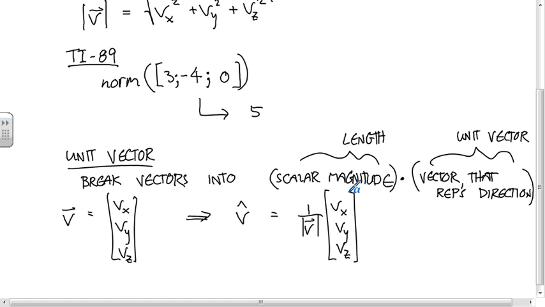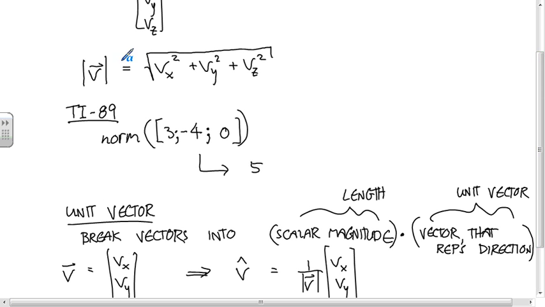If you want to calculate a unit vector in the direction of this, first calculate the magnitude the way we did here, and then just divide every component.